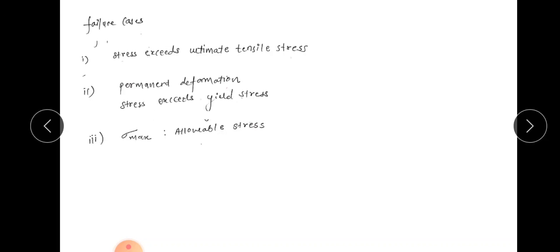Okay. Now basically we know that the sigma max or allowable stress is calculated on the basis of SYT upon f of s or SUT upon f of s, depending upon the ductile or brittle material. Now what do we mean by the complex states of stresses? Combined loading.